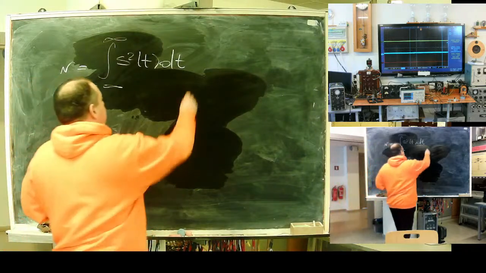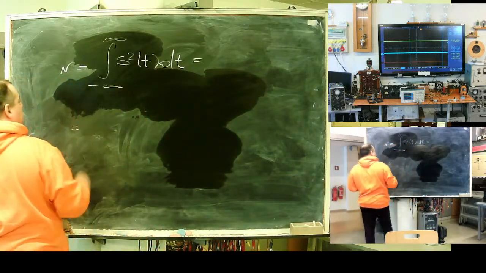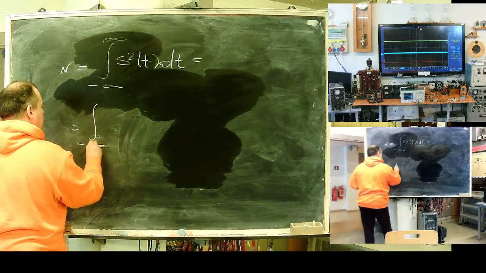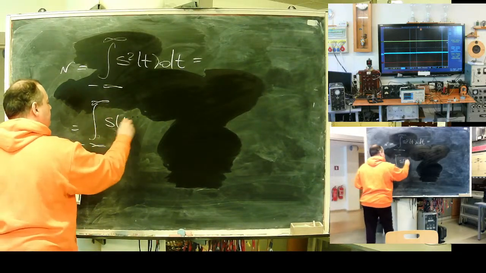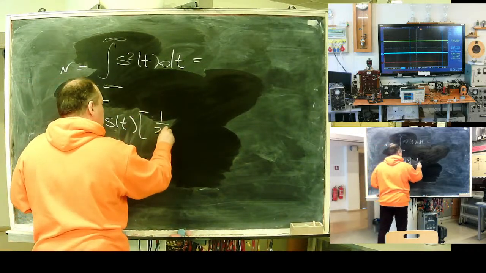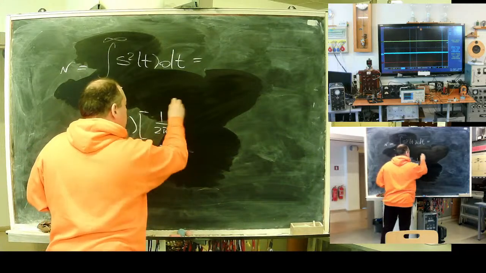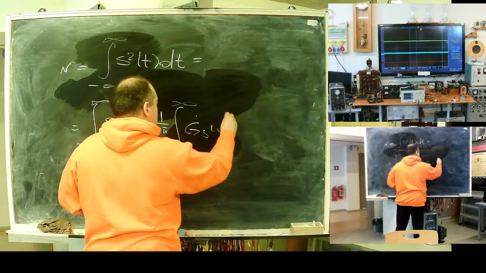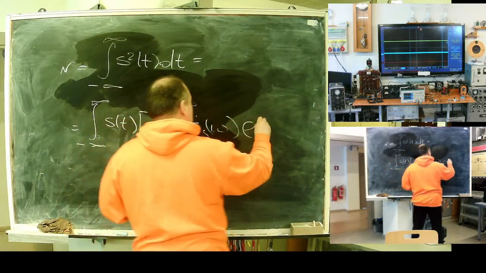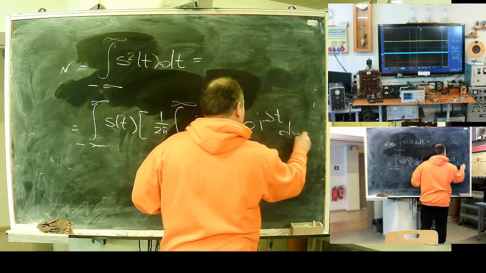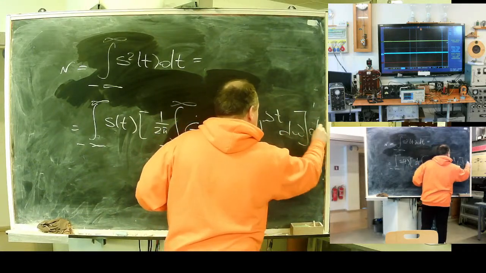Or I can write it in such a way, multiplied by 1 divided by 2π, integral from minus infinity to infinity of G_S(ω) e^(jωt) dω, dt.